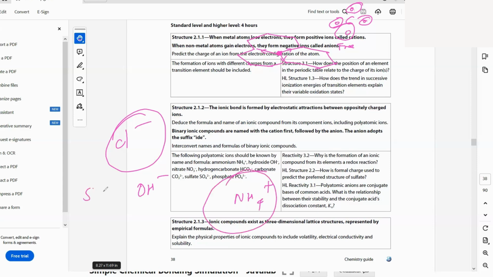It is good to remember the charges, at least what is given in your guide. Only a few are given. Remember that, it will be very useful. So go through this.